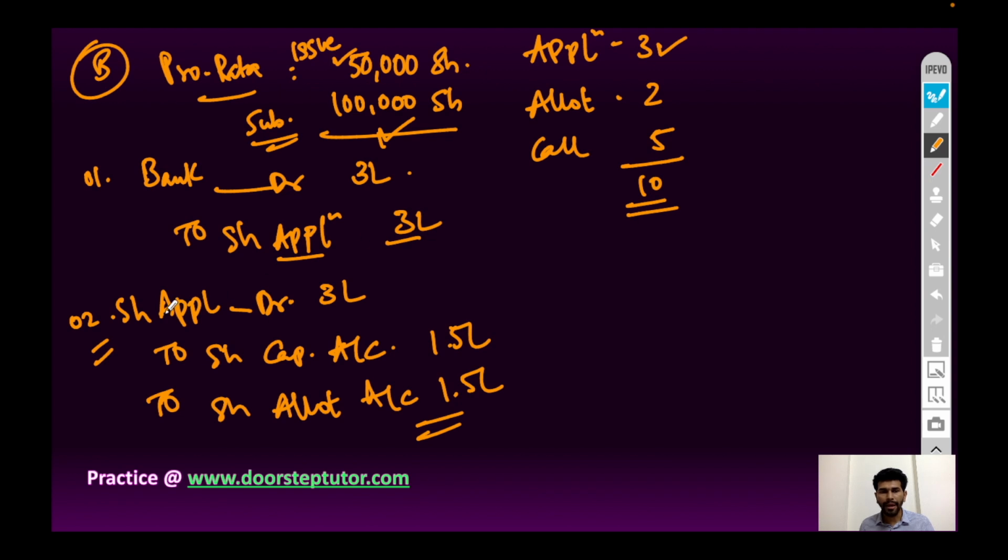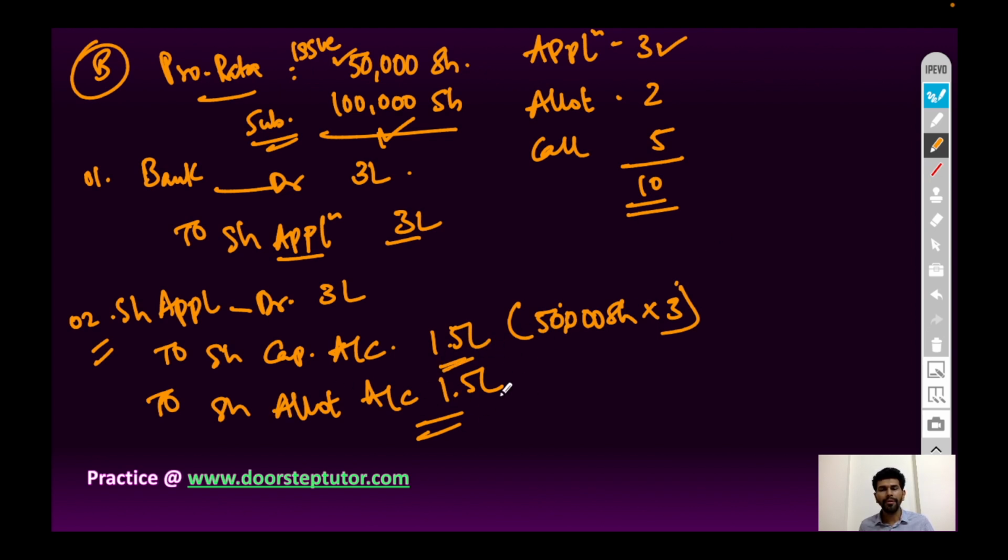Remember, share application account will be debited with the same amount which is earlier credited to share capital account and share allotment account. How much money will go in share capital account? The issued shares, that is 50,000 shares, multiplied by application money 3 rupees. So 50,000 into 3, 1 lakh 50,000 rupees.